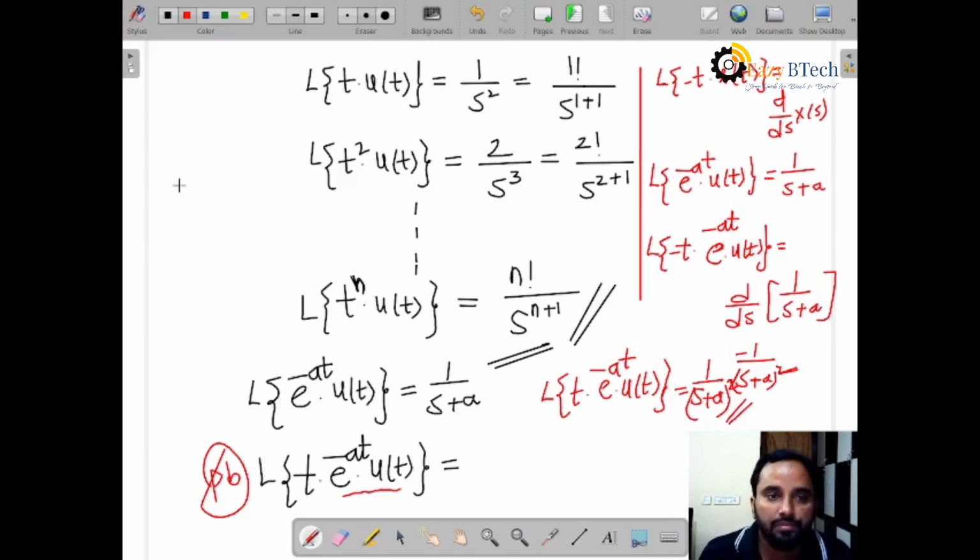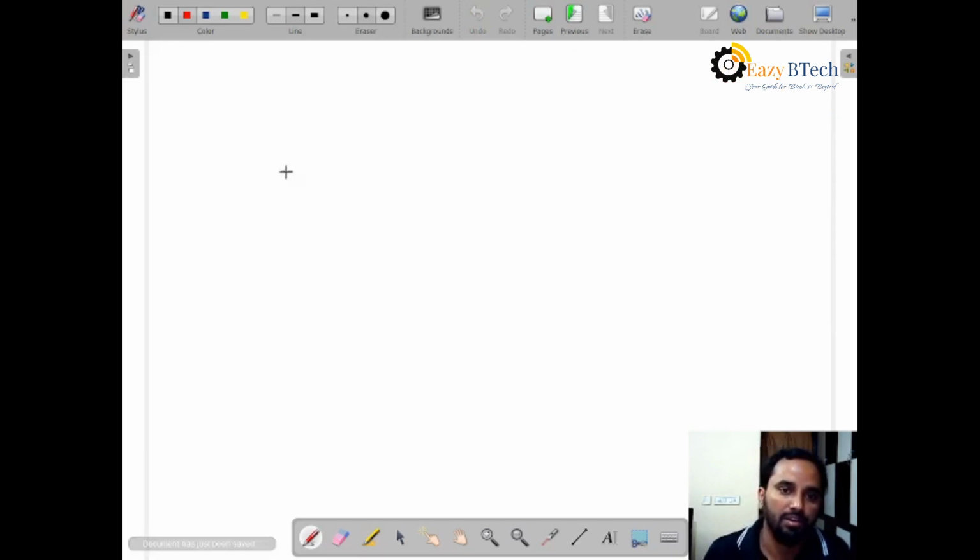Clear? So we can do problems easily by using properties. That is the point.